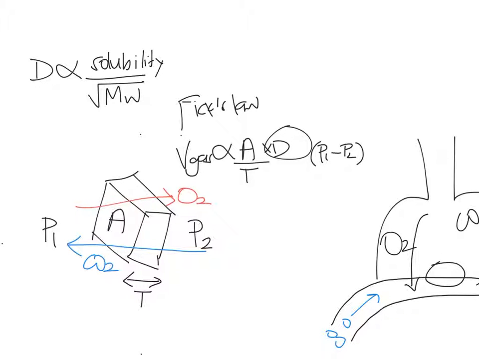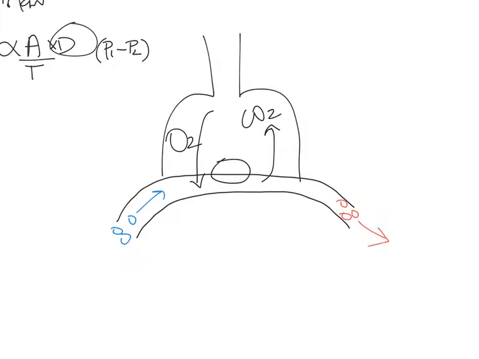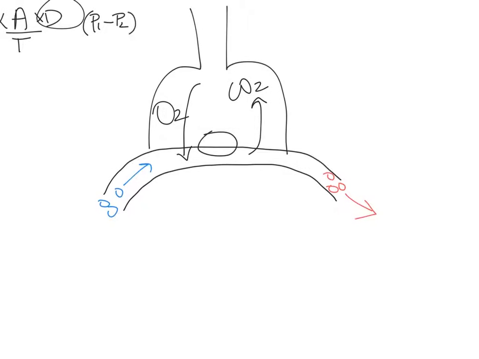Now let's go back to our original diagram. We talked about how the deoxygenated red blood cells come in and leave as oxygenated red blood cells. Well, the time for the red blood cells to cross this blood-gas barrier normally takes 0.75 seconds.